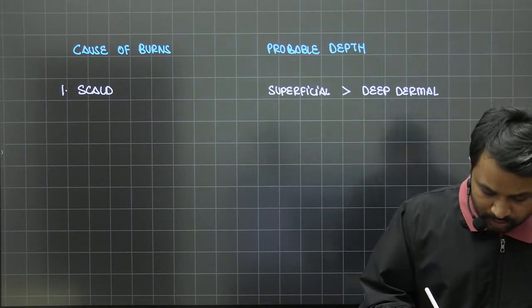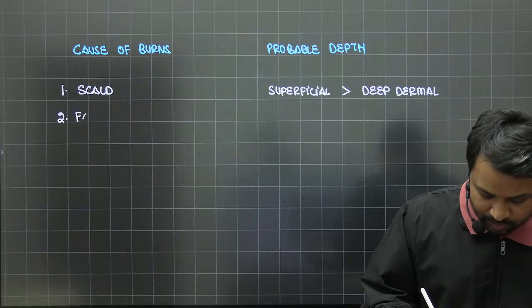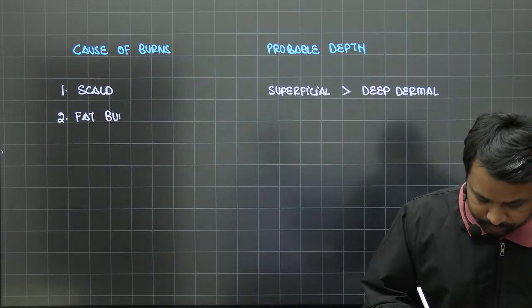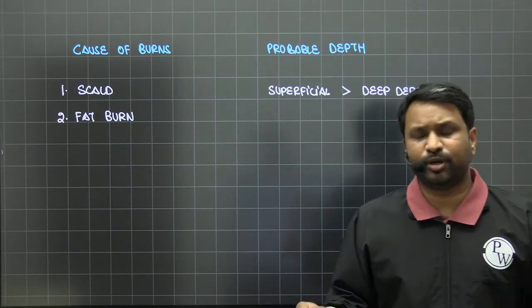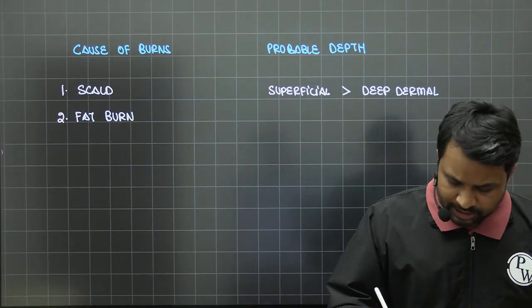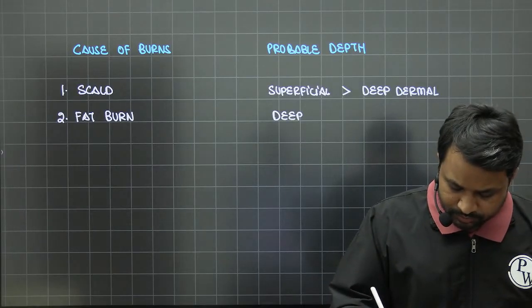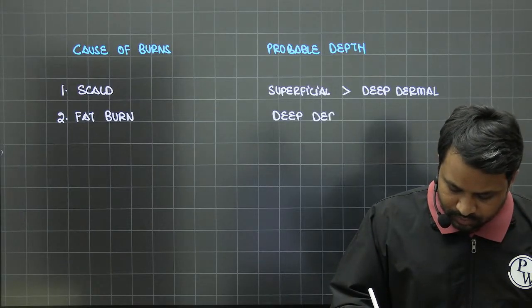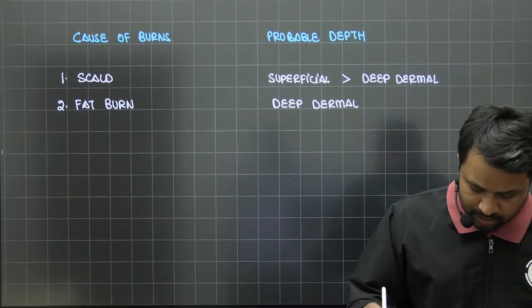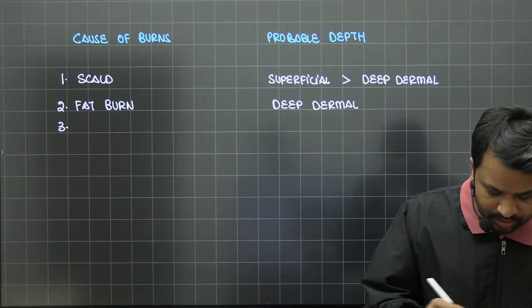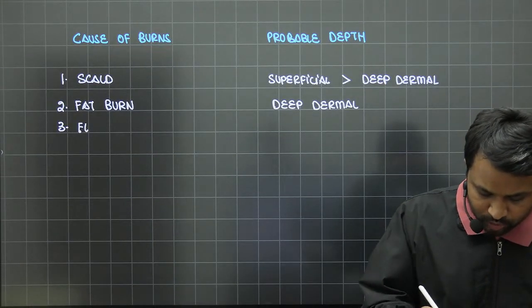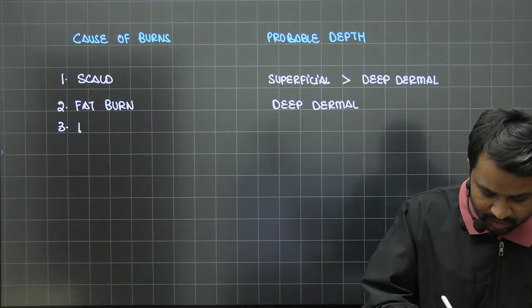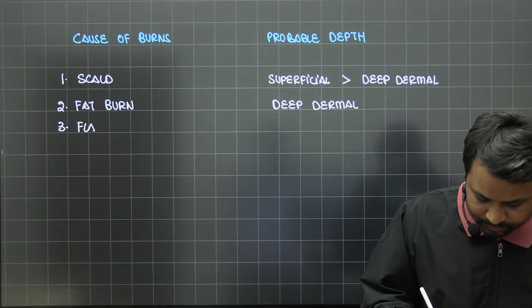Now the second one that you have is going to be a fat burn. Fat burn is going to be oil and all that. In fat burn, it is usually a deep dermal burn. Then you have direct exposure to the fire itself. We call it the flame burns.